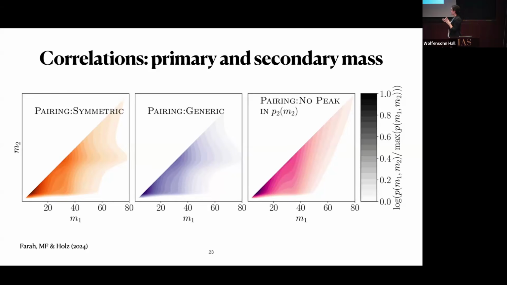This is the default power law plus peak model, which lets there be a peak only in M1 and not in M2. All of this is still tenuous, but with future data, we could better understand these correlations between primary and secondary mass.